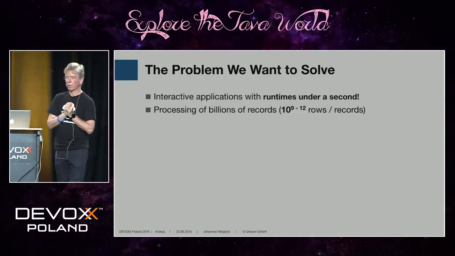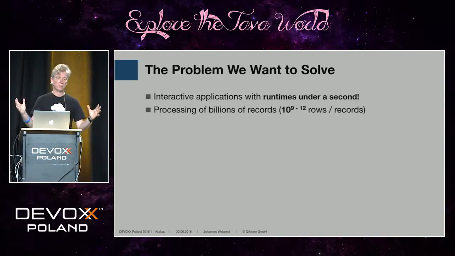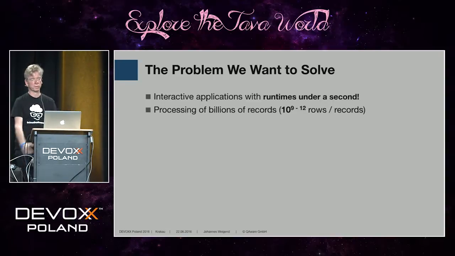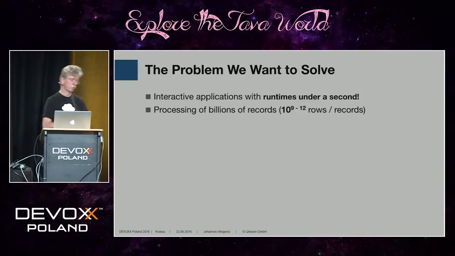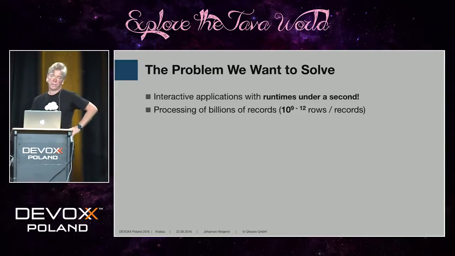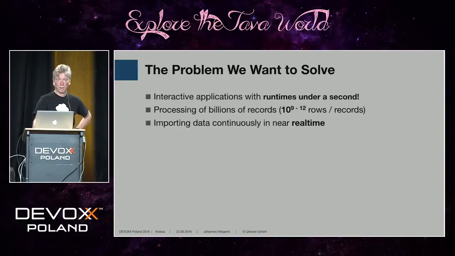But I will show you some ideas of how to compress data in rows and expand it at runtime. This actually works up to 1 trillion records very fast. Until then, you can get results in a second or so.